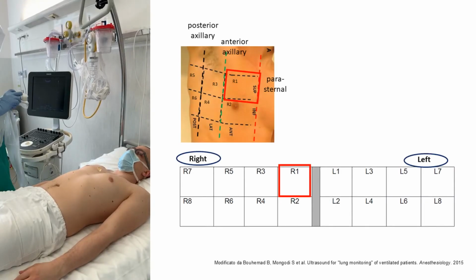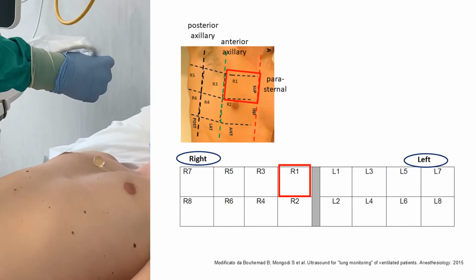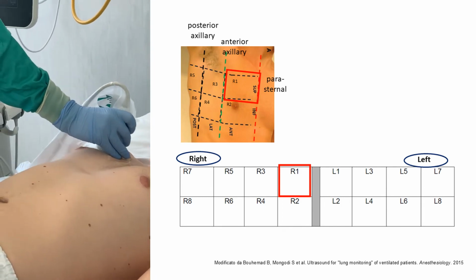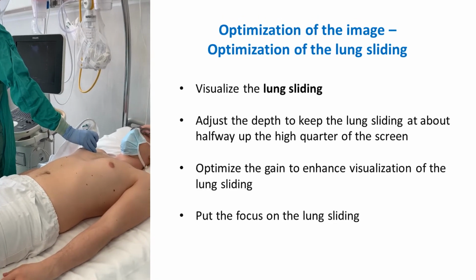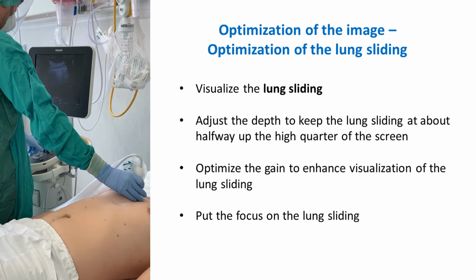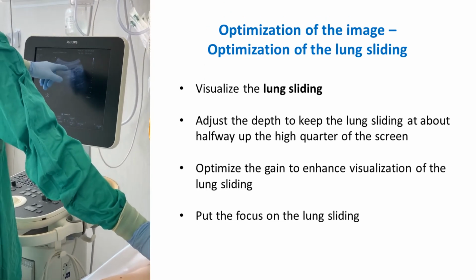Let's start our exam with the right anterior thorax upper part. We place the probe on the skin and then we should optimize our image. The pleural line is our reference. We should be able to visualize it with its lung sliding.